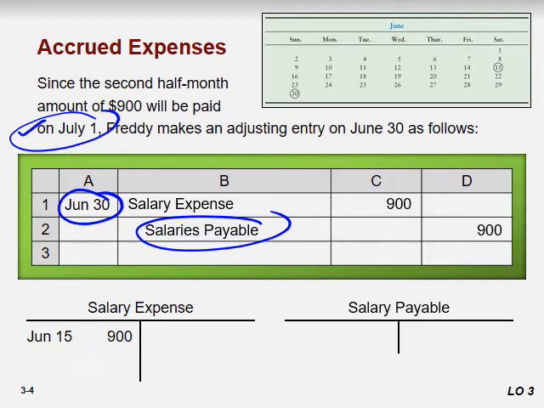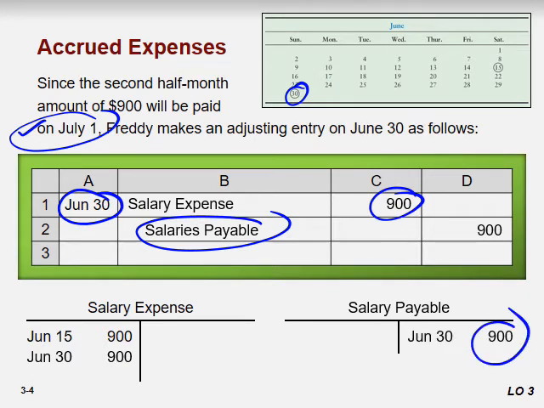On June 30th, you are not paying that one. You create a liability, that is salary expense to salary payable. No cash is involved, so when we post it, the answer would be expense has been increased to 1800 and payable is 900, right?